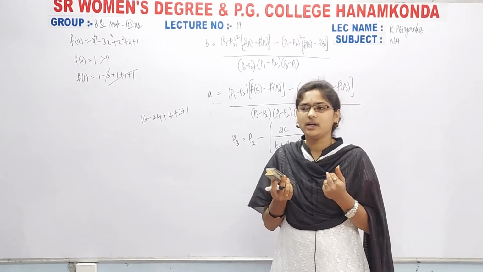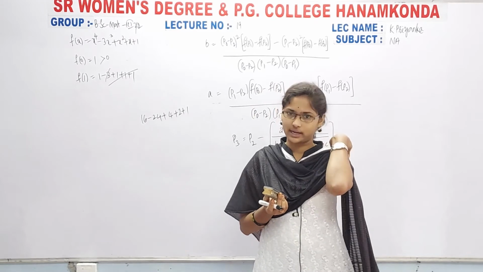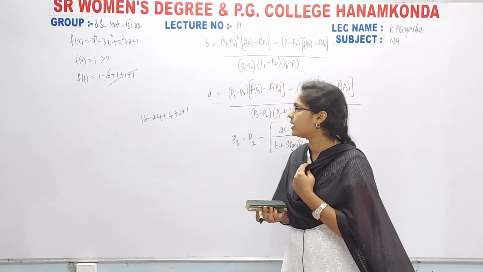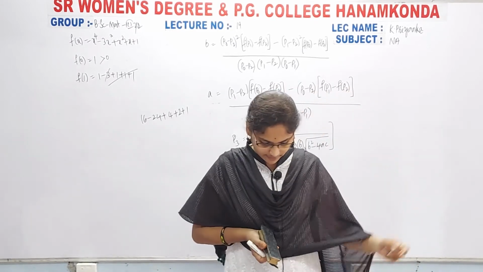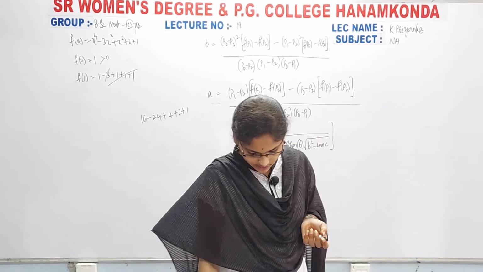So here by choosing a small interval it is somewhat easy to calculate the values, okay. So now write down, here they didn't give the interval.